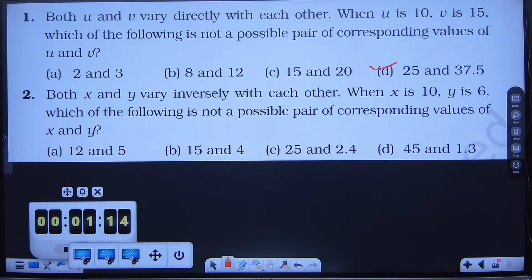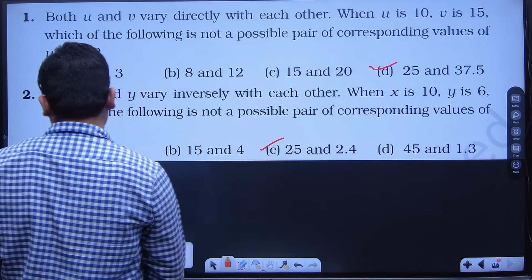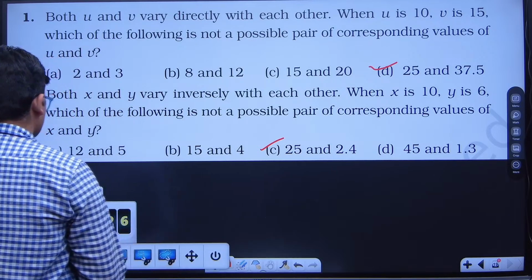Sir, for two, I think it's C. For 2 it is C. So let me check the answer.